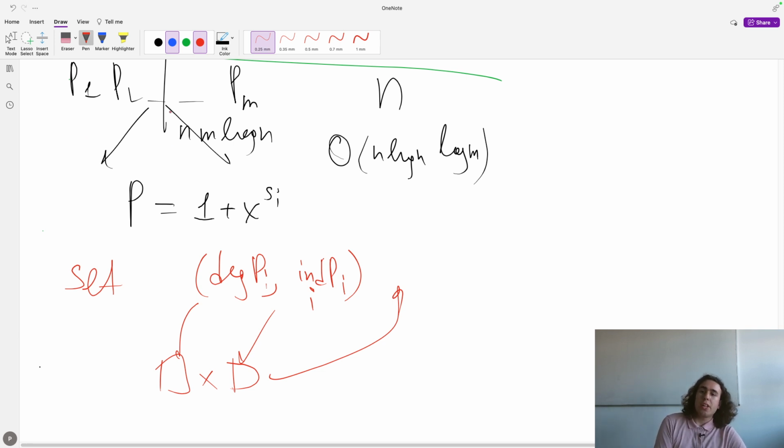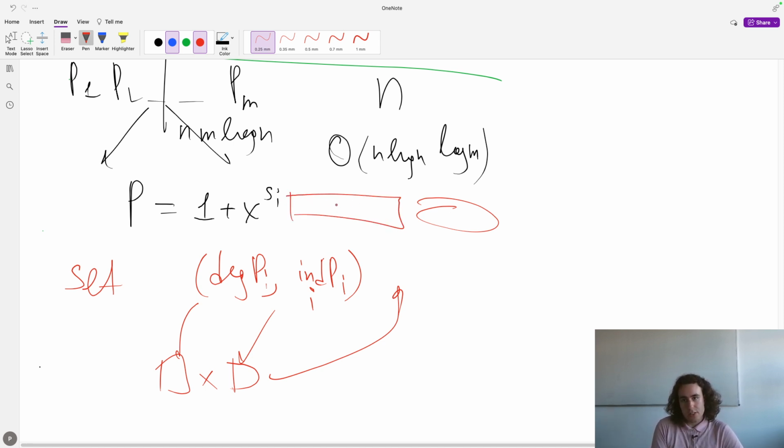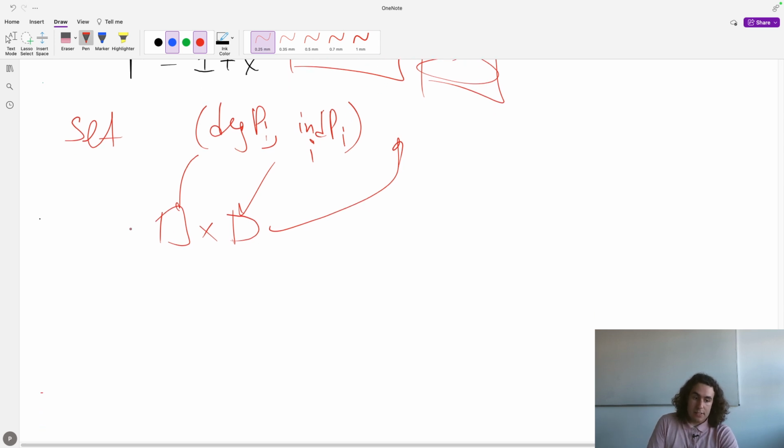For example, in this situation where you have a small number of large polynomials and a very large number of very small polynomials, right? Then most of the time you're going to be working with these small polynomials, and only when they grow to the sizes of these larger, then they are going to be involved. And this is basically the same thing as Huffman codes, if you heard of this thing, right?